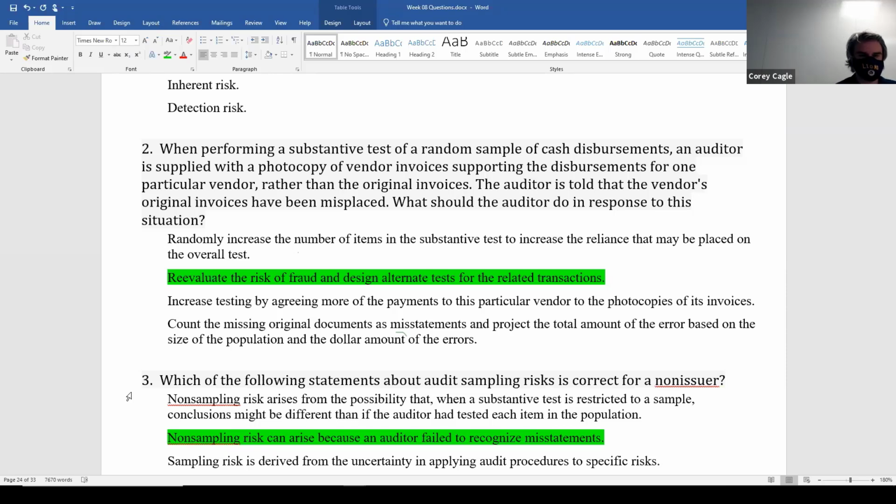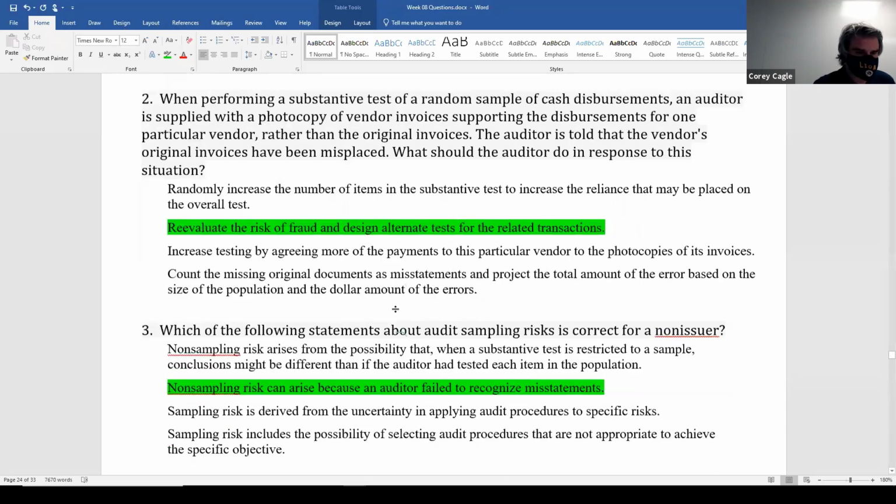This is more of a question that could have gone anywhere and not necessarily in this section of the book, but this raised some red flags and caught our attention. So we would reevaluate and try to figure out some other way to get at it, right? So that's not so much about sampling as it is other things.